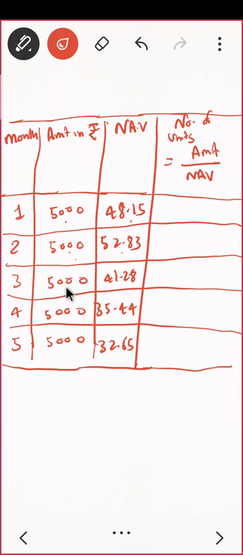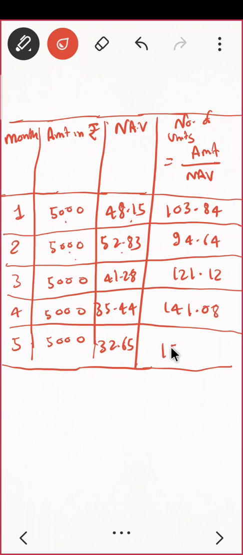Same for the others, you'll get the number of units for each month, correct? I'll directly write: this is 103.84, this is 94.64, this is 121.12, this is 141.08, this is 153.14. So this is your number of units.